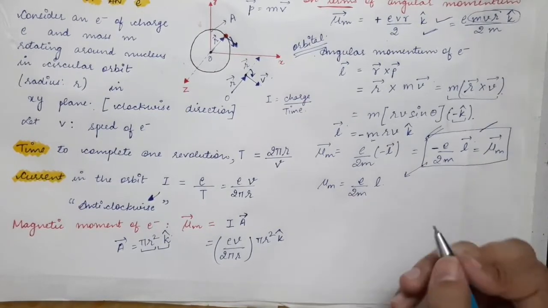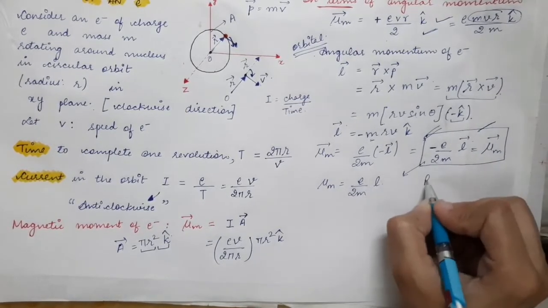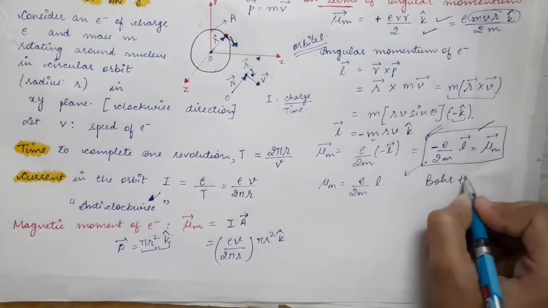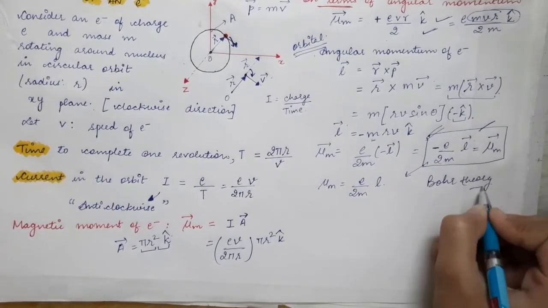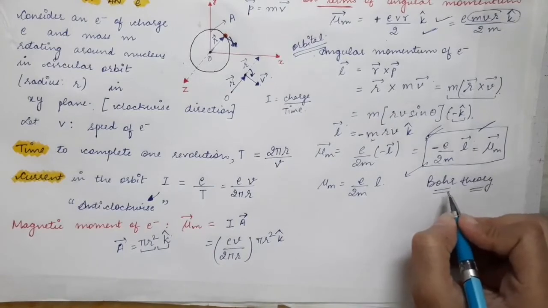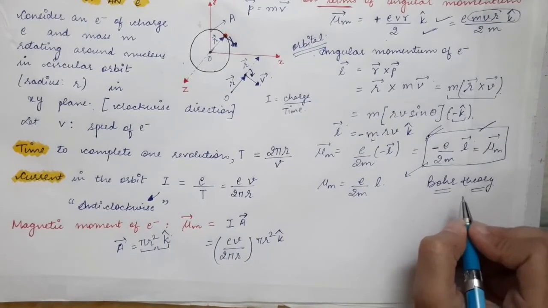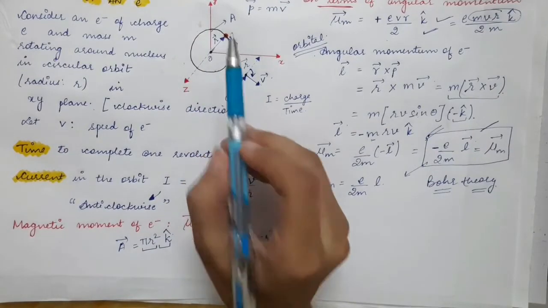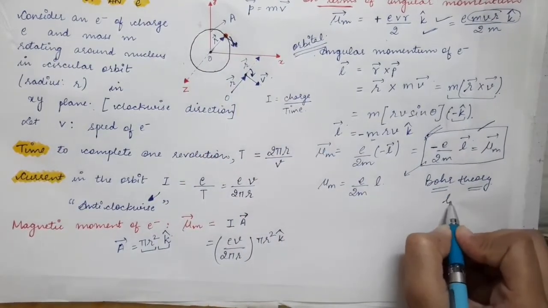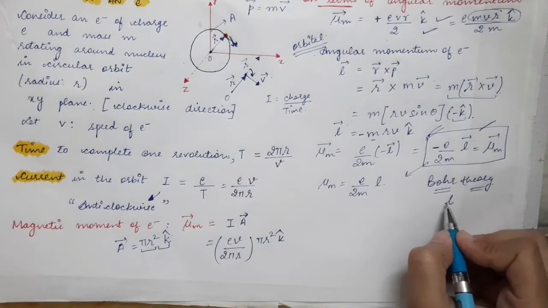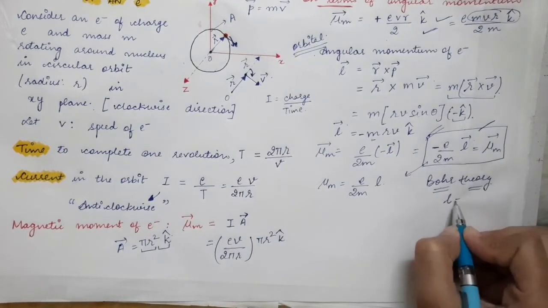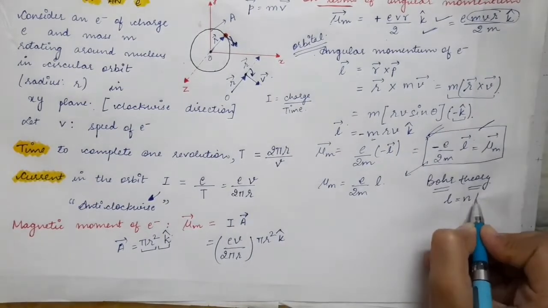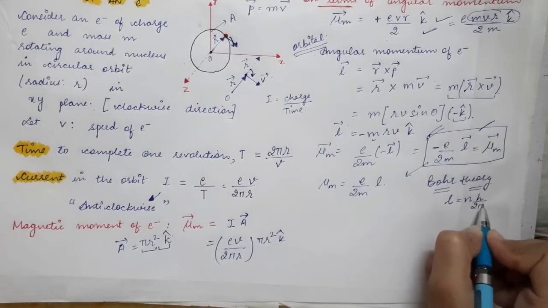Now according to Bohr theory, which you might have studied in high school, Bohr theory states that the electron revolves only in those orbits whose orbital angular momentum is an integral multiple of h divided by 2 pi.